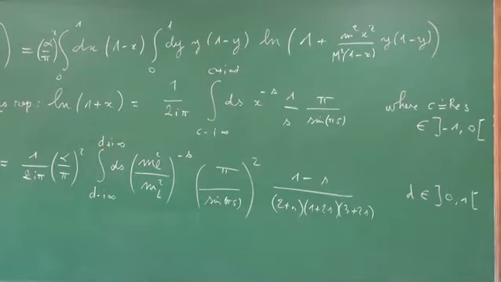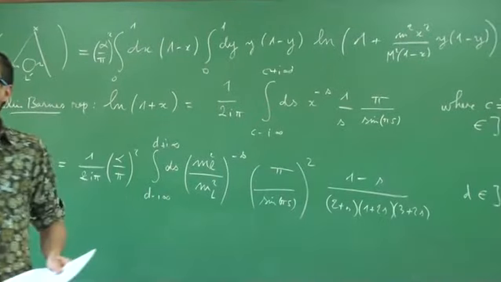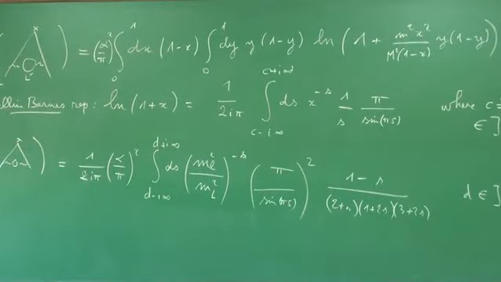Do you also have a Mellin-Barnes representation for that, or with this representation are you able to get everything? With this representation, in fact, there is a more general one that we will see later, which contains the logarithm as a special case. We will see this in just a few minutes.